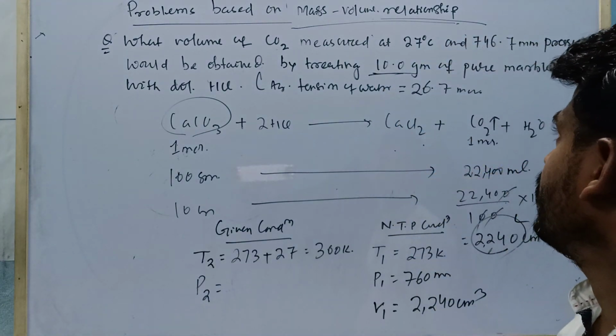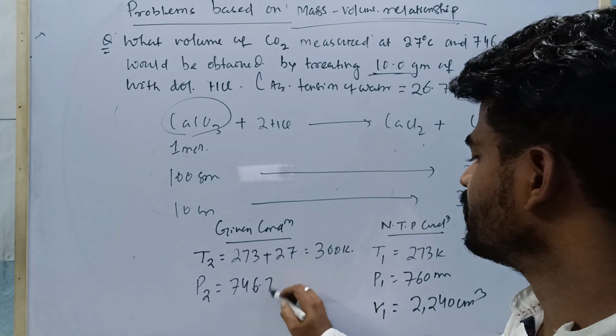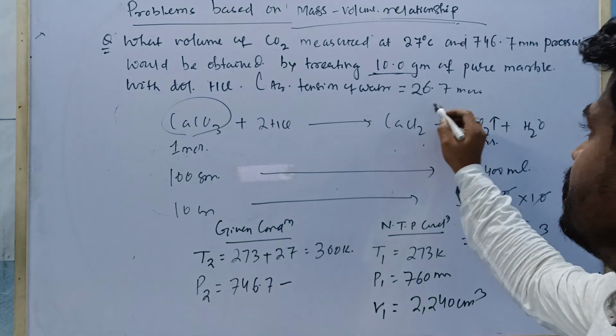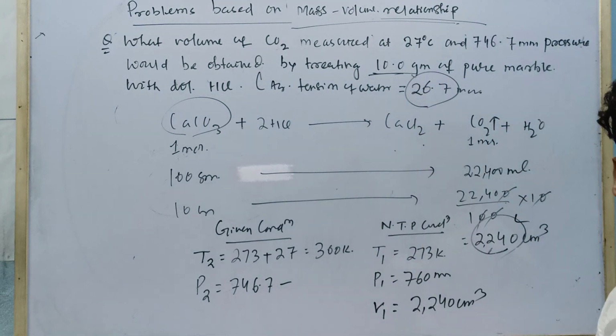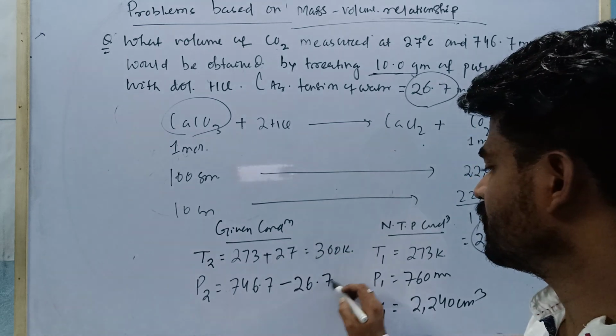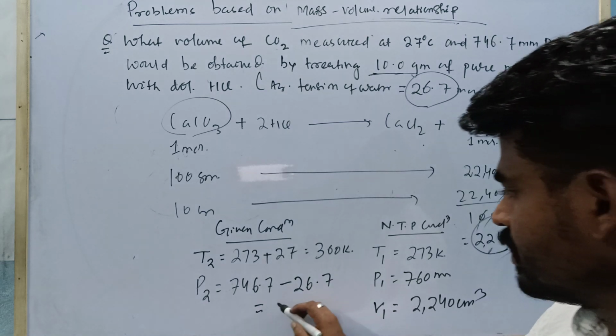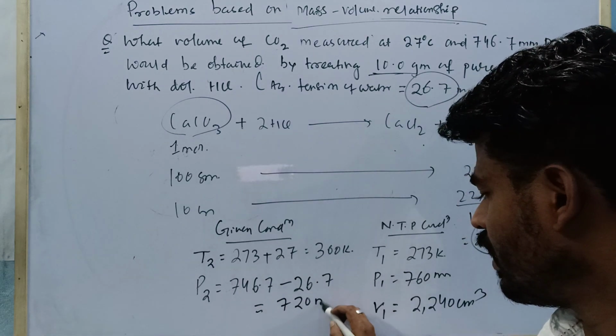P2 is given as 746.7 minus aqueous tension, you have to deduct because water vapor also has some pressure, that is 26.7, so that will be equal to 720 mm.